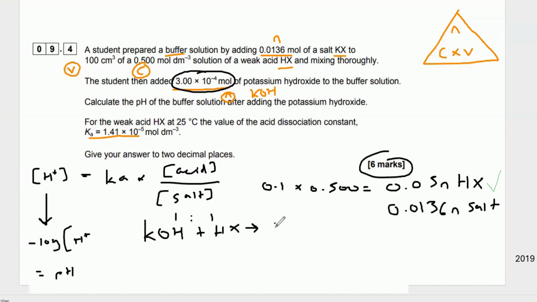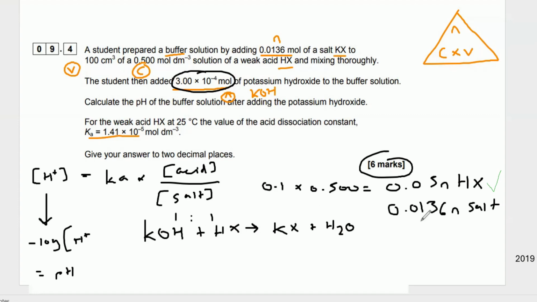And we're going to be left with KX plus H2O, and there's no extra coefficients to add in. It's a one-to-one. So essentially, we're going to increase the amount of salt.